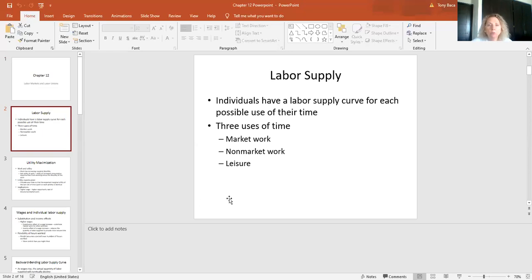So because we only have 24 hours in a day, we have to allocate that 24 hours between these three uses. And how we allocate it is very subjective, is very personal, right? And is divided up for our own particular reasons and satisfaction, okay?